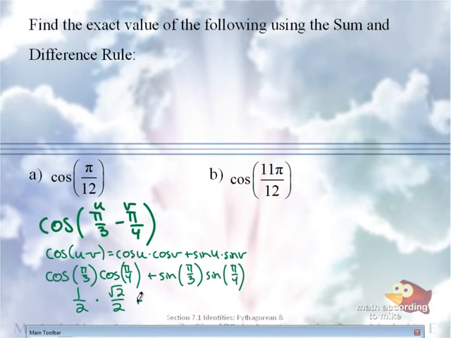Plus sine of pi over 3, radical 3 over 2, times sine of pi over 4, radical 2 over 2. We're going to have a common denominator here. What is our common denominator? 4.